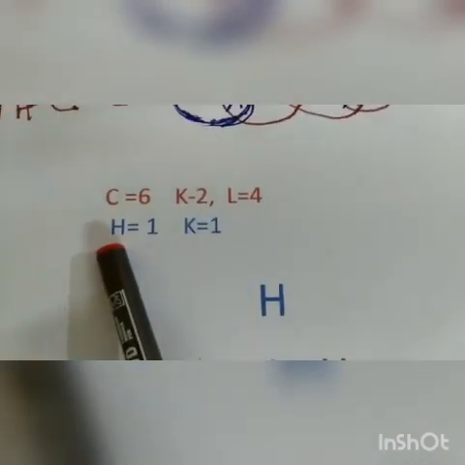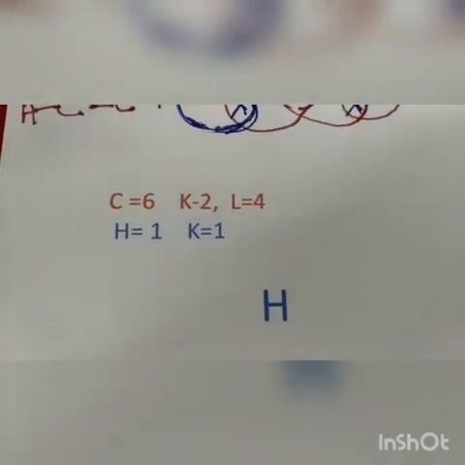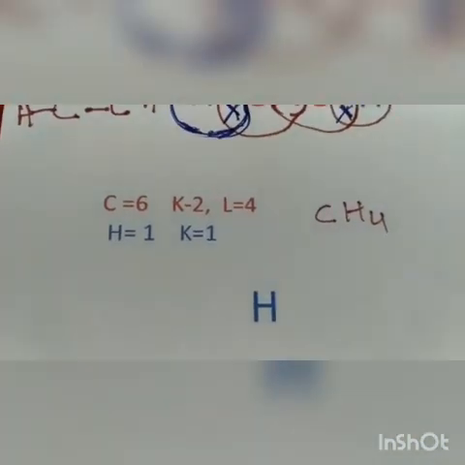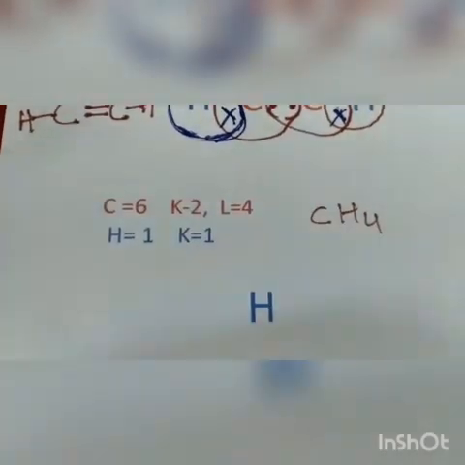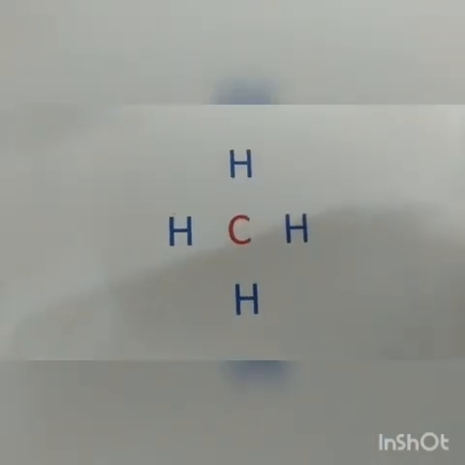Now see here, you all know that the atomic number of carbon is 6 and the electronic configuration is 2, 4, and hydrogen has atomic number 1 and the electronic configuration is 1. In CH4, the compound is CH4, so there is 1 carbon and 4 hydrogen.